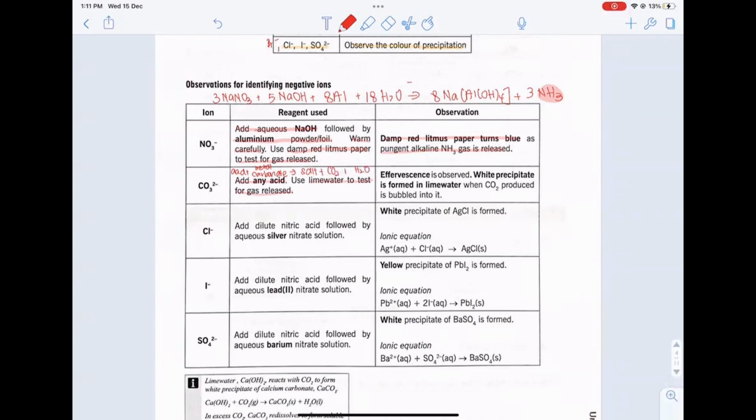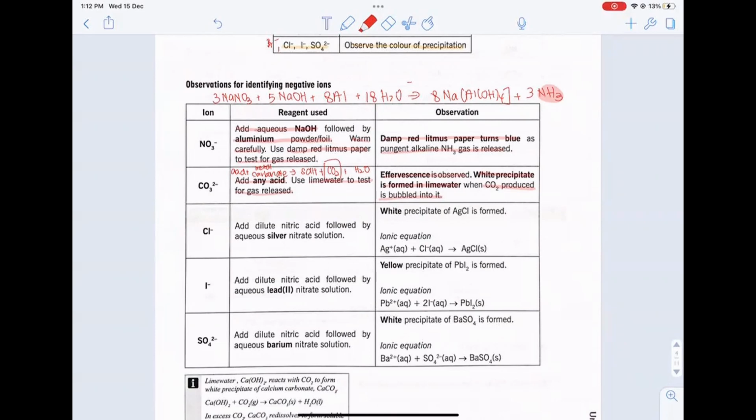Correct? So therefore, since you have carbon dioxide produced, you can use lime water to test for the presence of this carbon dioxide. So if carbonate is present, it will produce carbon dioxide and you will observe effervescence, and the white precipitate formed in lime water when the CO2 produced is bubbled into it.